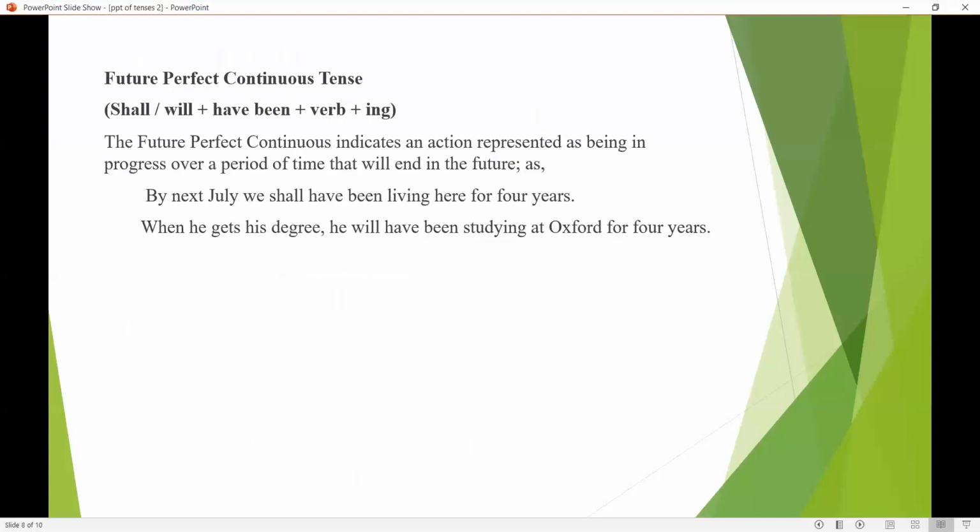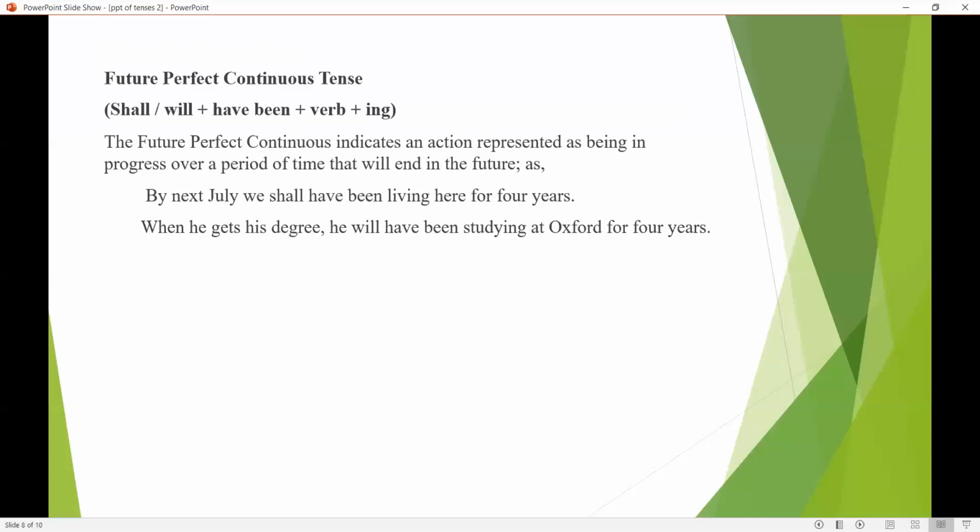Now let's move on to future perfect continuous tense. Now the structure of this tense comprises of shall or will plus have been plus verb plus ing form. The future perfect continuous indicates an action represented as being in progress over a period of time that will end in the future.